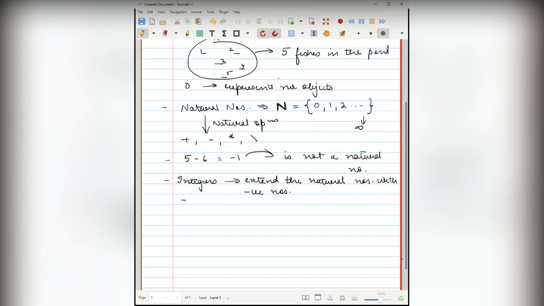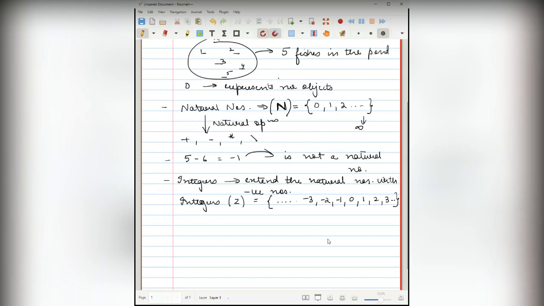Integers are given by the alphabet Z. This is a standard notation; some other books may refer to something else, so you need not worry about that. So integer Z is basically from -infinity to positive infinity. Okay, so this is integers.